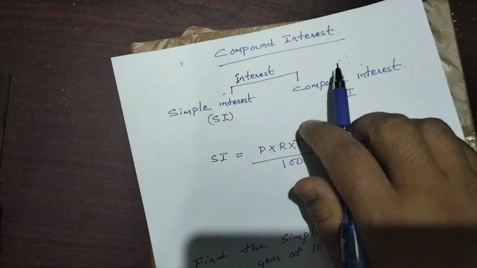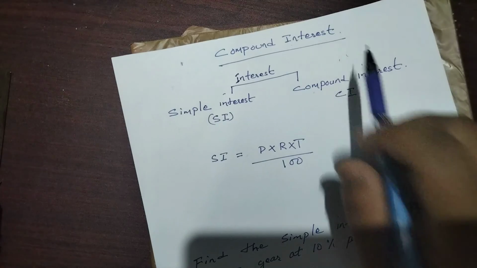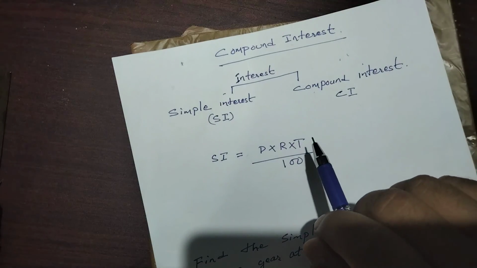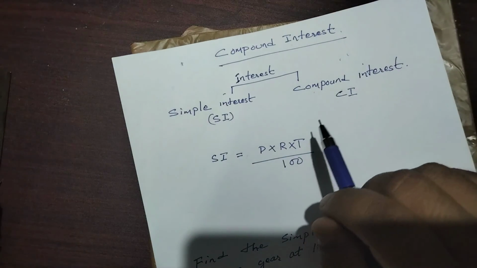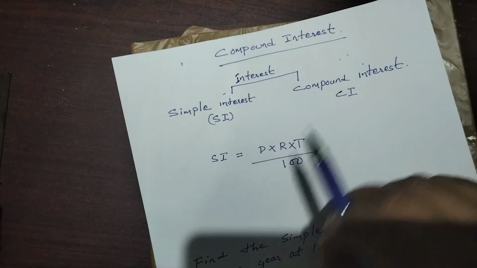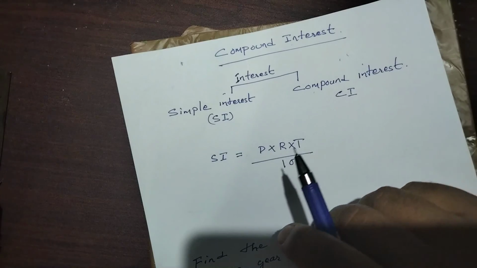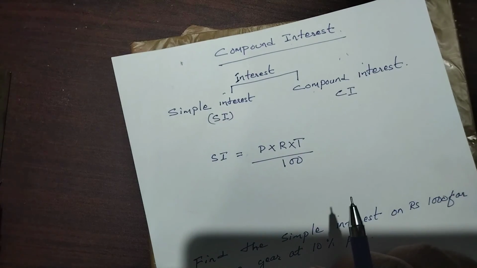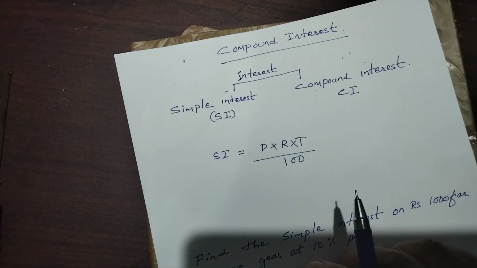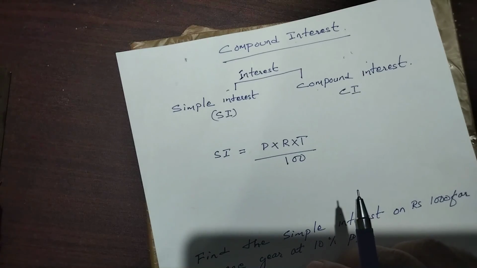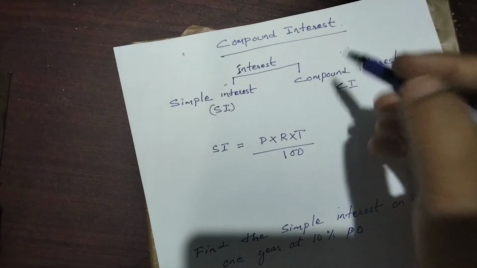Like after 2 years, I will return that 5 lakh rupees to my friend, and along with that I need to pay certain charges also. Okay, that charge is called interest, right?